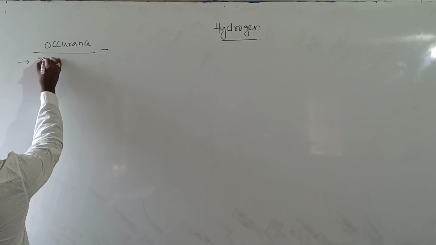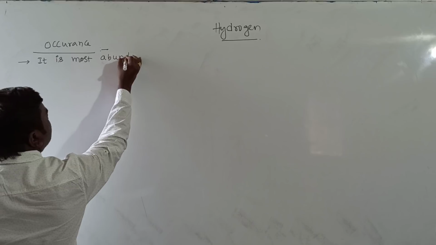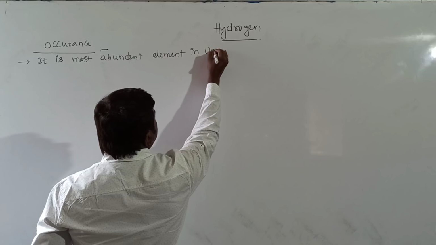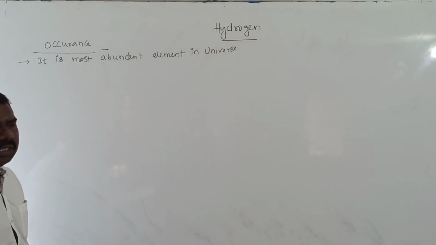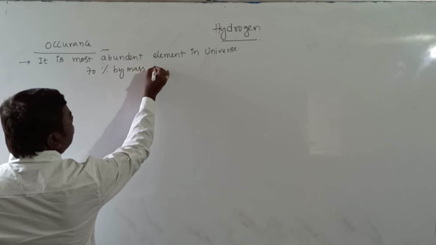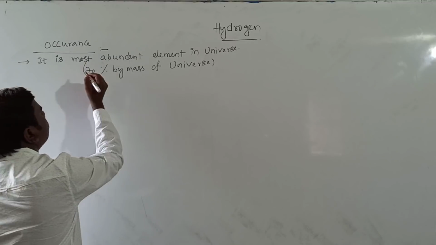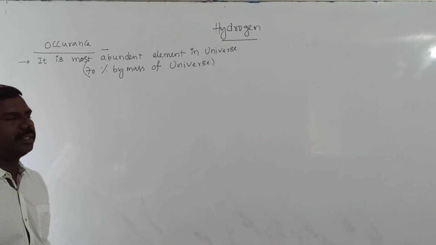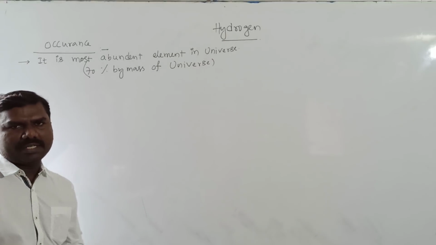It is the most abundant element in the universe. 70% by mass of the universe is which one? That is hydrogen only, whether it is in combined state or free state, whatever it is. So it is available in free state and combined state.